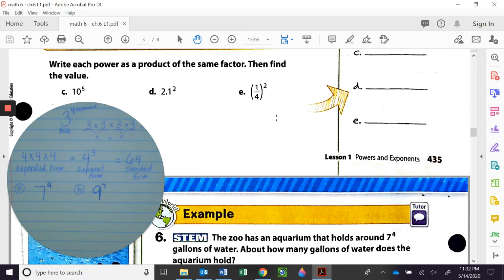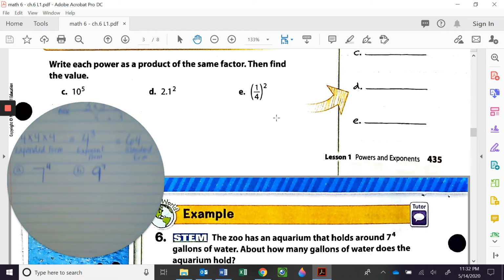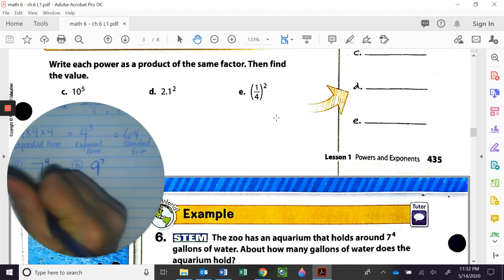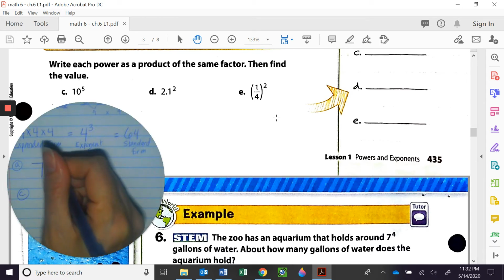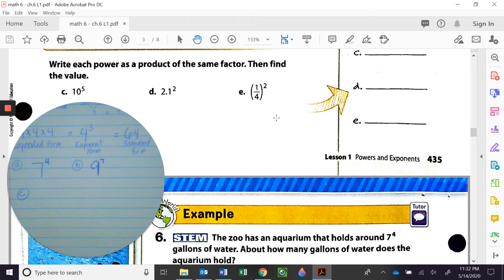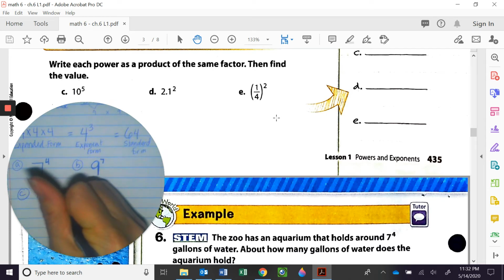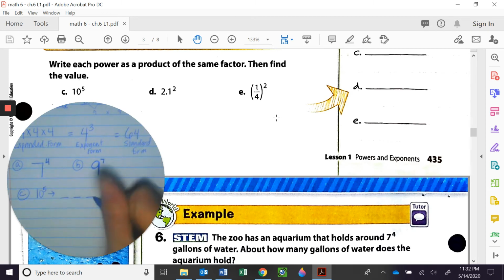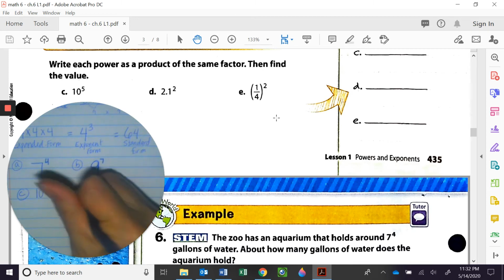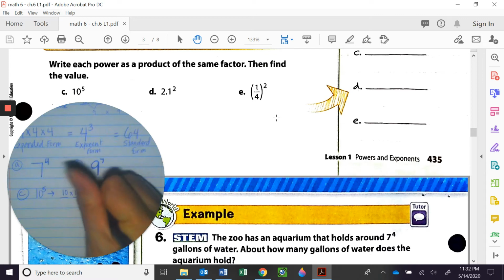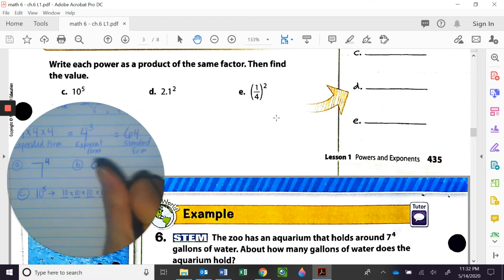The next part says write each power as a product of the same factor and then find the value. All that's telling us to do is write it out in expanded form. So 10 to the 5th power means I need 5 tens: 1, 2, 3, 4, and 5.